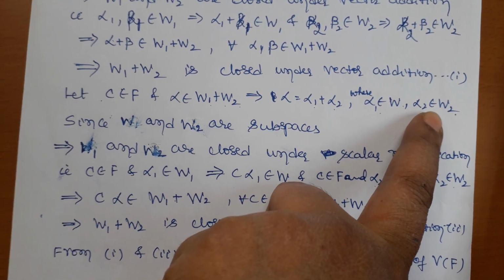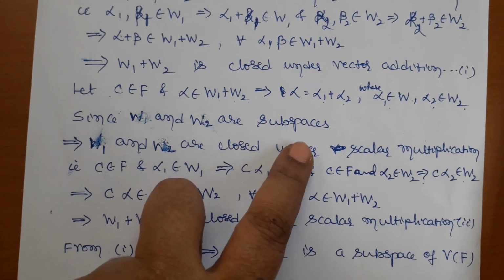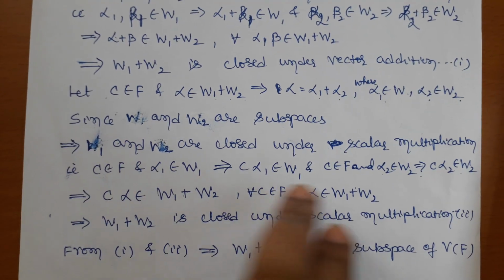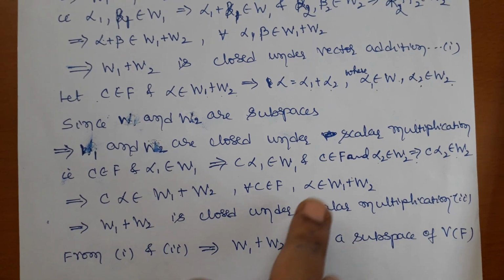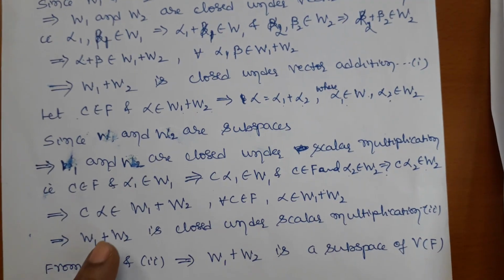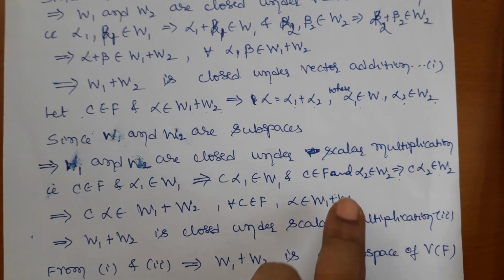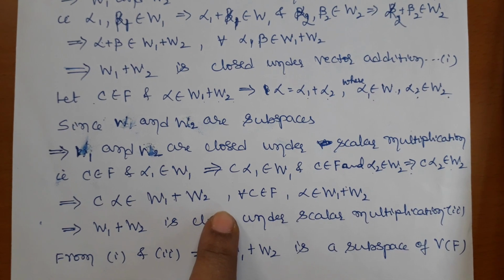Since W1 and W2 are subspaces, both are closed under scalar multiplication. So c times alpha 1 belongs to W1, and c times alpha 2 belongs to W2. Now take c times alpha, which is c alpha 1 plus c alpha 2, and that belongs to W1 plus W2.